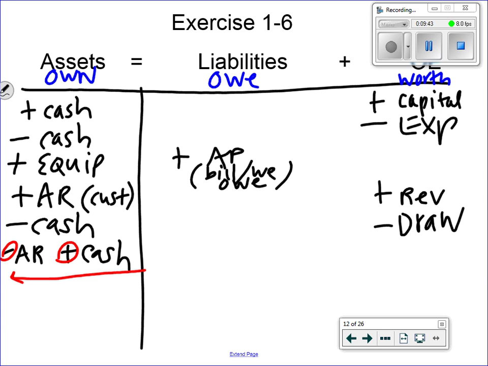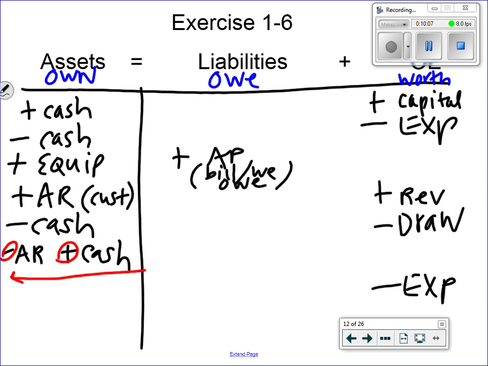Number 7. This one's worded weird. Incurred an advertising expense on account. Should we do the easy part of that? Minus expense. Did we pay cash for that advertising?